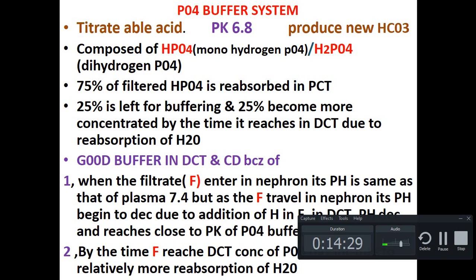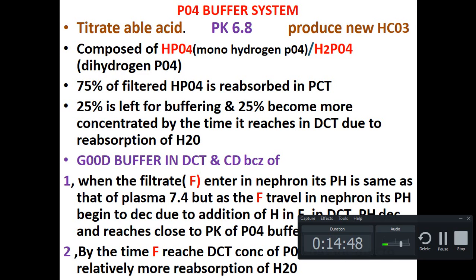Now this phosphate buffer is a very good buffer in the distal convoluted tubule and collecting ducts, because when the filtrate enters the nephron, its pH is the same as that of plasma, 7.4.